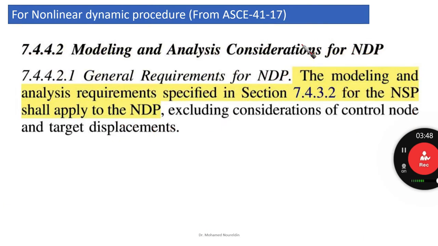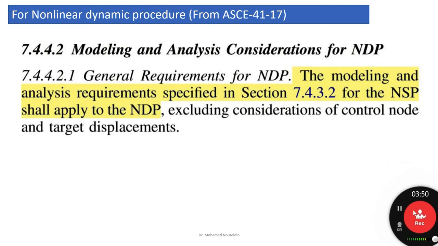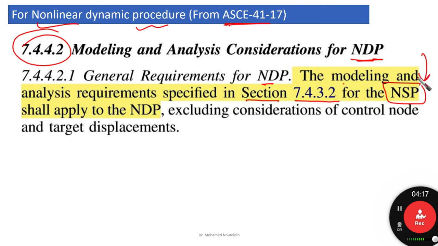At the end, we're going to end up with NDP, which is nonlinear dynamic procedure, based on ASCE 41. Under this section, they are telling that for modeling and analysis consideration for nonlinear dynamic procedure, general requirements for NDP, the modeling and analysis requirements specified in section 7.4.3.2 for the NSP, which we have already explained in the previous slide, shall apply to the NDP.